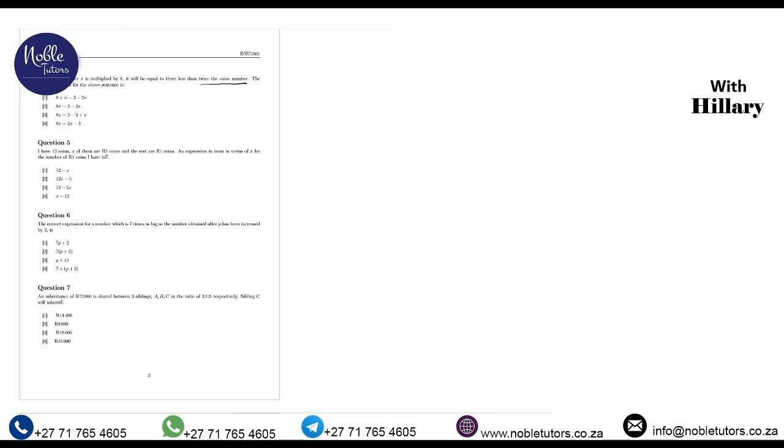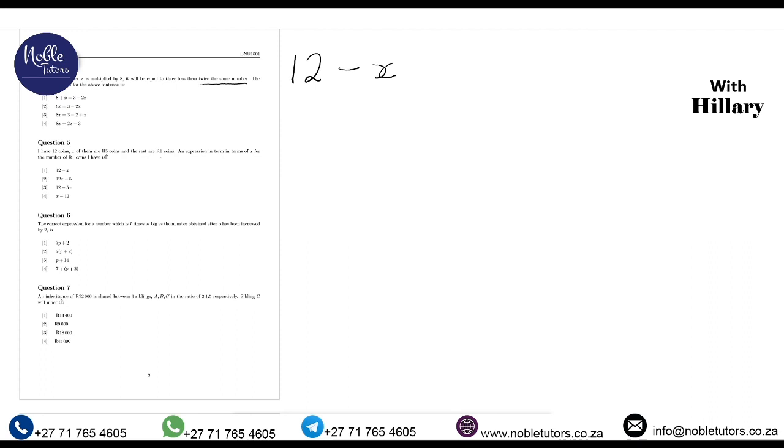So in total we have 12 coins, and x of them are 5 rand coins. If we subtract x of them, then everything that is remaining is 1 rand coins.